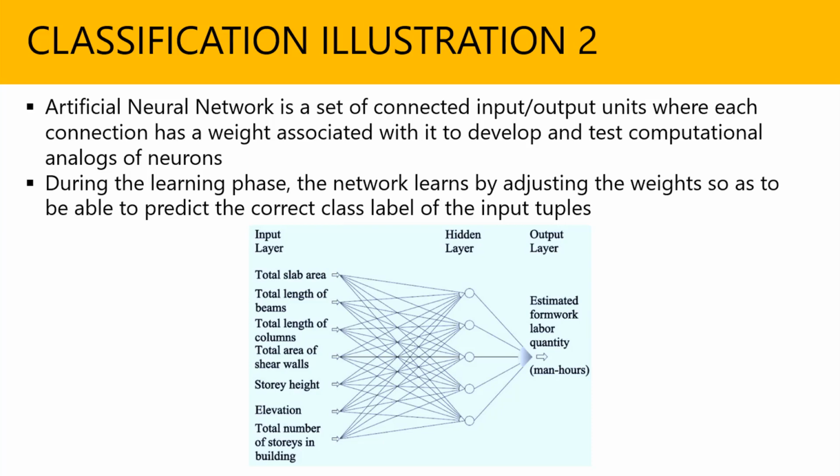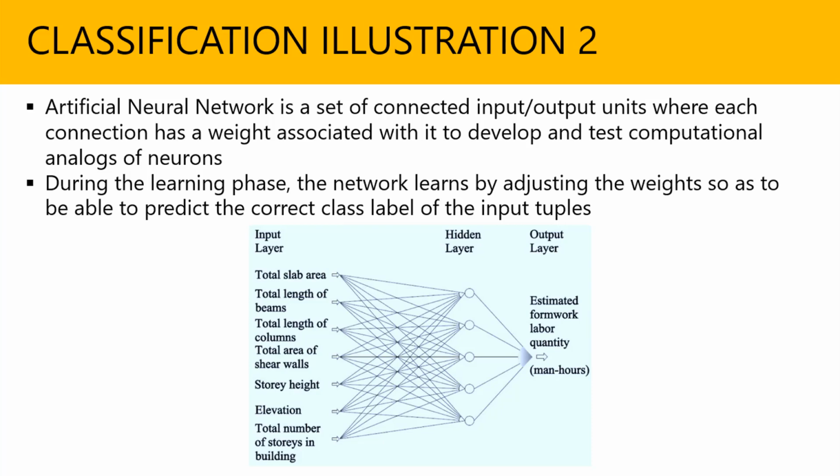So if the weight is 1, it's going to adjust these weights at each and next step so as to be able to predict the correct class label of the input tuples. Okay. So again, not in depth, but just get an idea for now. The goal is so that you understand the classification concepts.